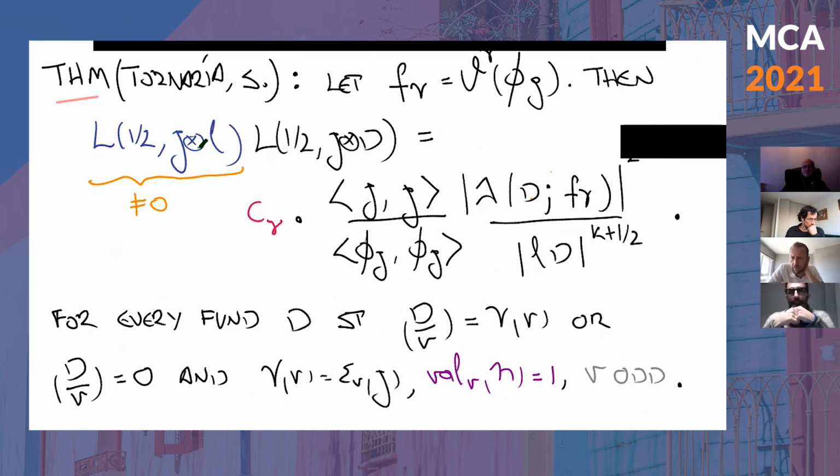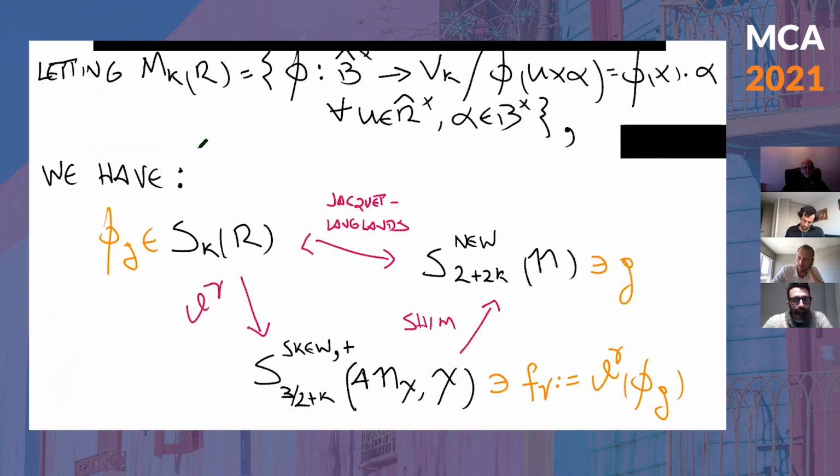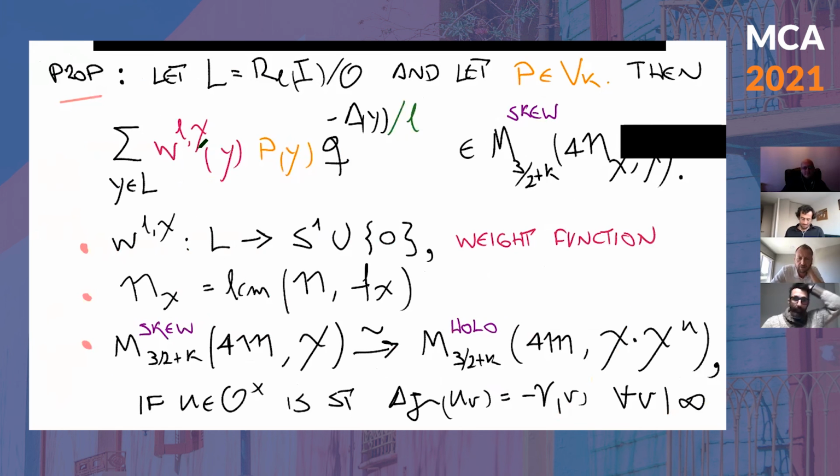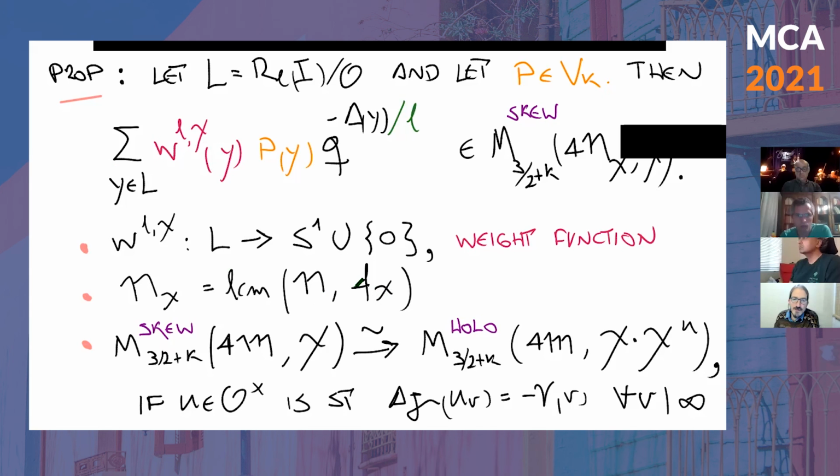How much freedom do you have in choosing your Hecke character chi? At some point you said you wanted f chi to be as small as possible. Well, the result is going to hold, you can choose chi completely freely.